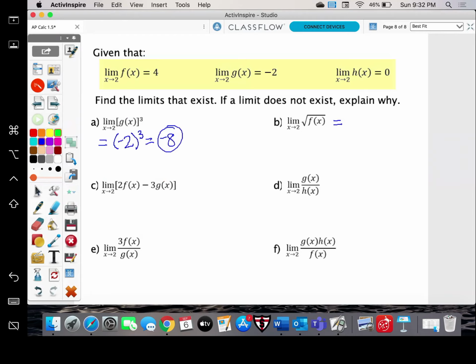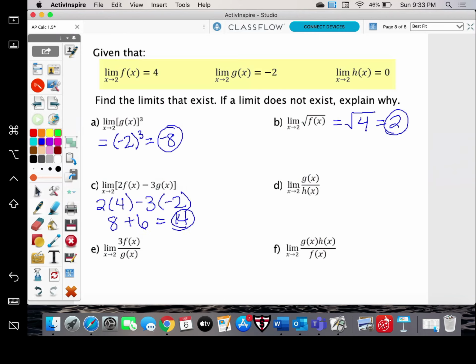Part B should be the square root of 4, so 2. Part C should be 2 times 4 minus 3 times negative 2, so 8 plus 6, 14. This one should be a negative 2 divided by 0, so undefined.